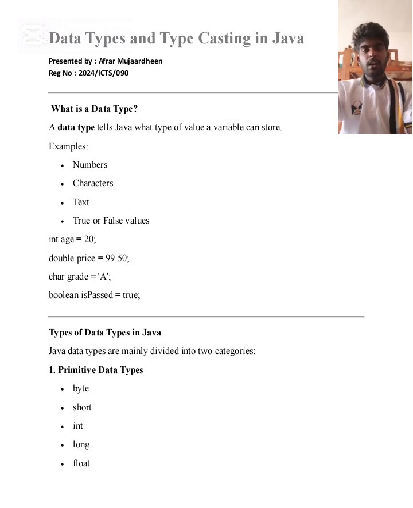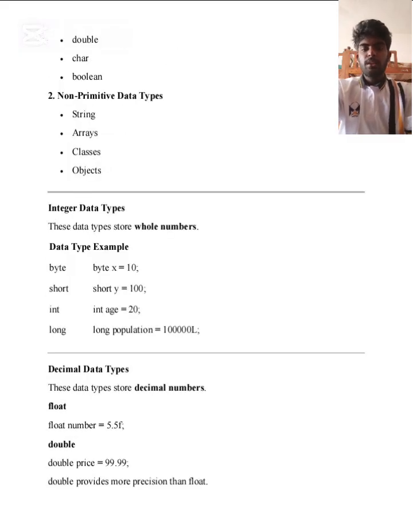Java data types are mainly divided into two categories. The first category is primitive data types. The second category is non-primitive data types. Primitive data types include byte, short, int, long, float, double, char, boolean.